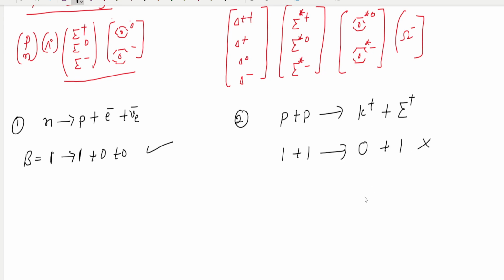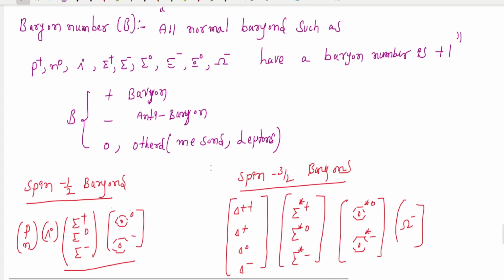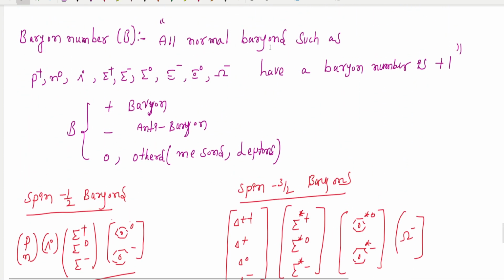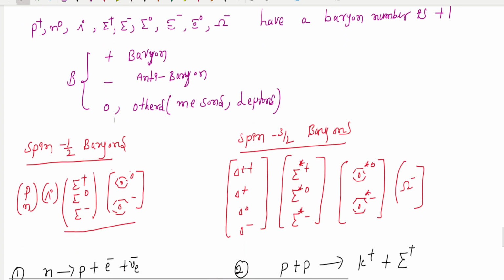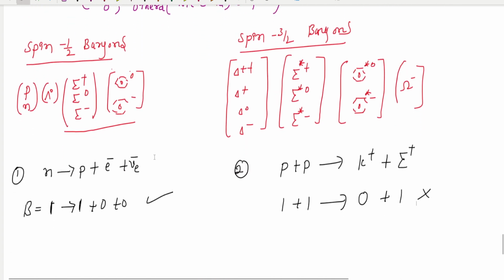This is not conserved, which means the conservation of baryon number is violated in this reaction. Like that, you need to check all the reactions. You need to remember all the baryons such as p, n, sigma plus, sigma minus, xi and omega also. These are the key relations.